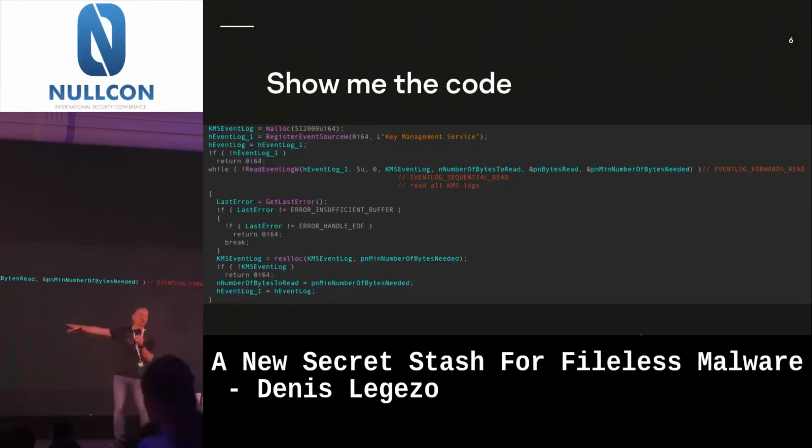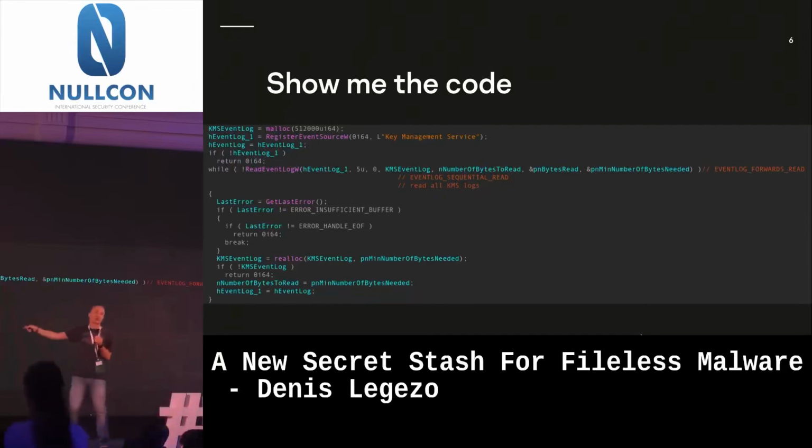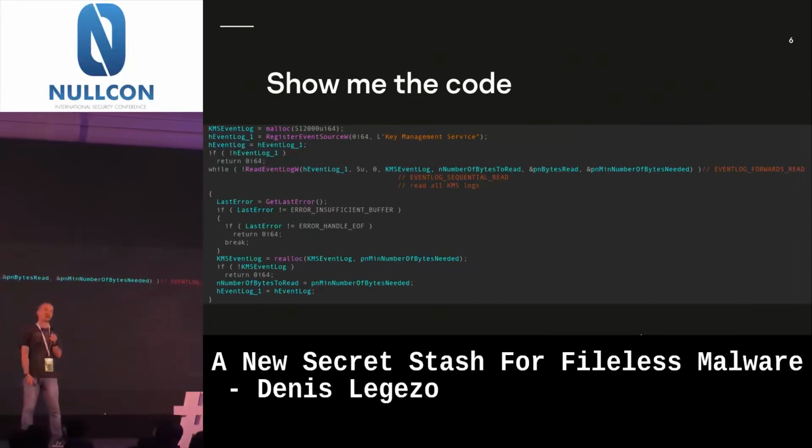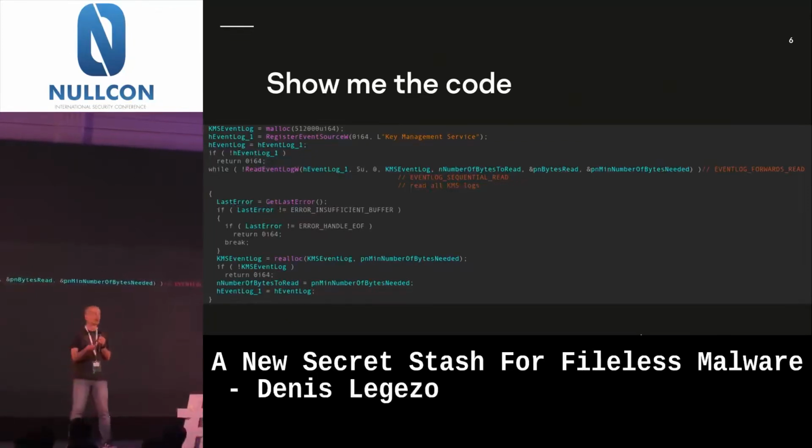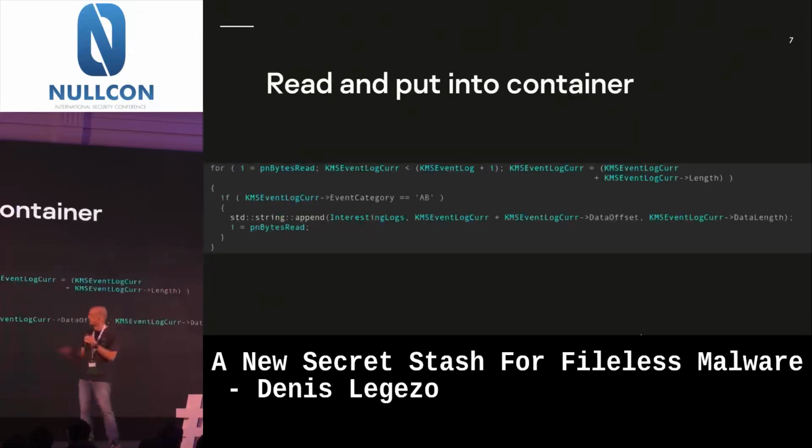And some auxiliary tasks: some error handling is over there, and also some reallocation, if 500 kilobytes is not enough for all the data gathering from the logs, memory would be reallocated. Okay, but you could ask me, Denis, you told us KMS is legit. Here we are reading all the messages from the KMS. Why? It couldn't be the shellcode, right? It would be the normal messages from the logging system. Let's go further.